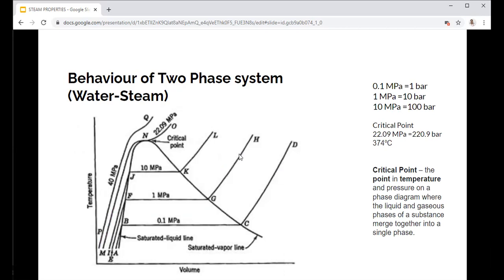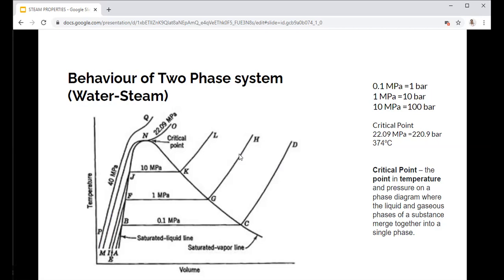Note that 0.1 megapascal is 1 bar, 1 megapascal is 10 bar, 10 megapascal is 100 bar, and 22 megapascal is 221 bar.